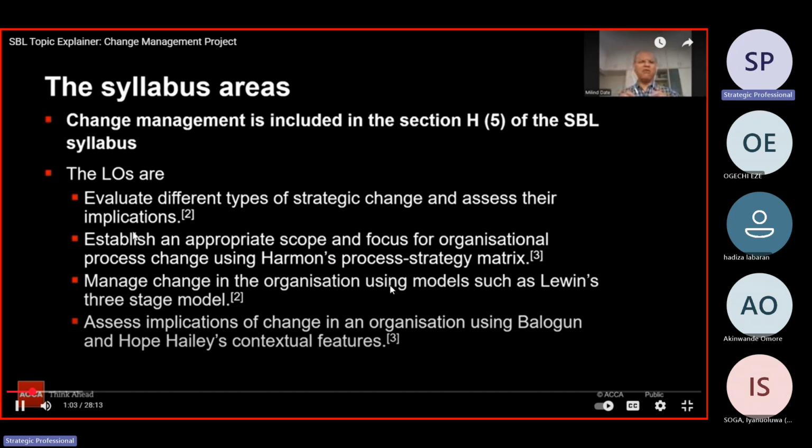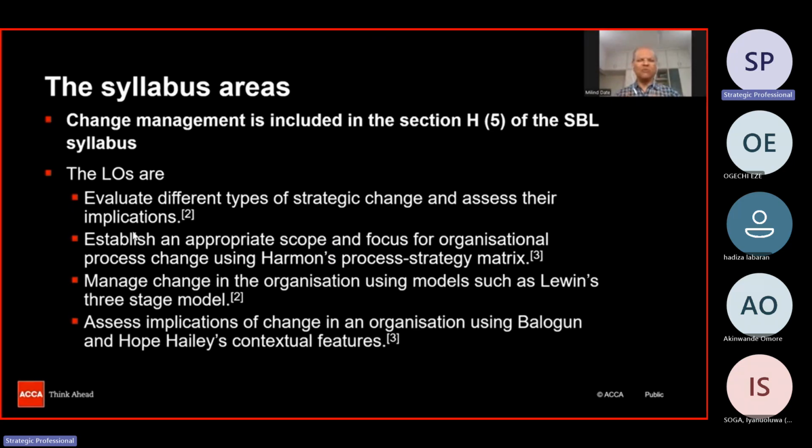You must carefully look at the learning objectives mentioned for this topic. It covers strategic change and process changes, which will have a long-term bearing on the future of the organization.